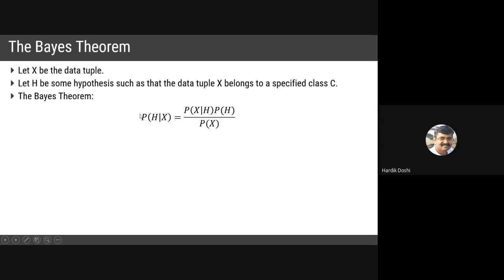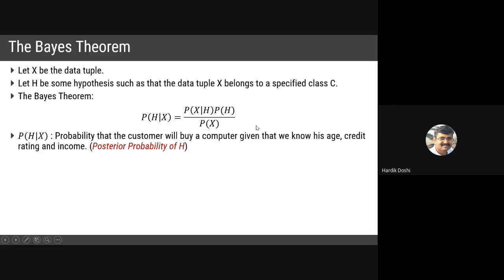The Bayes theorem is given as: probability of H given X is equal to probability of X given H into probability of H, divided by probability of X. So if you didn't get the terms, let's see them one by one.